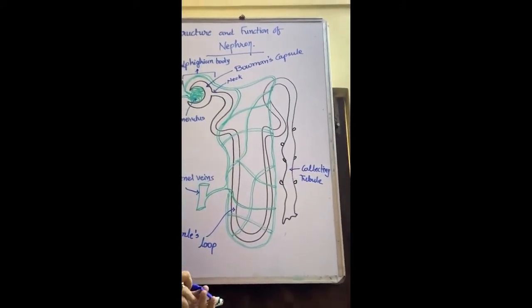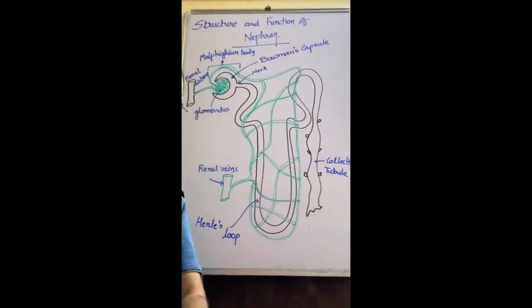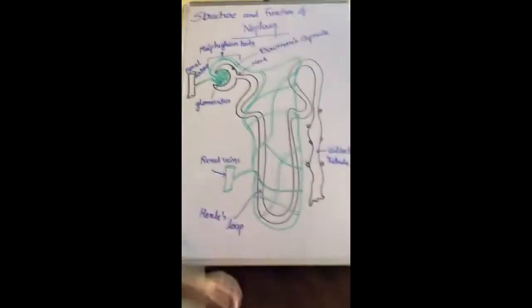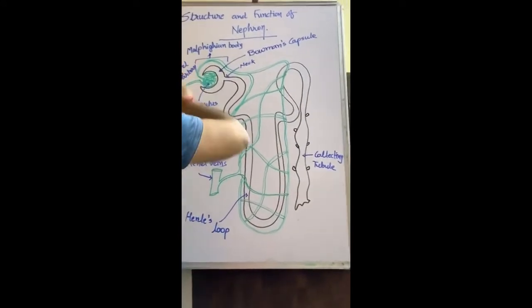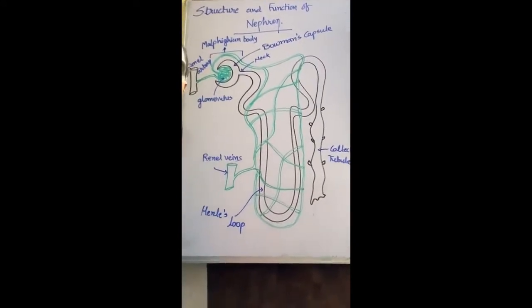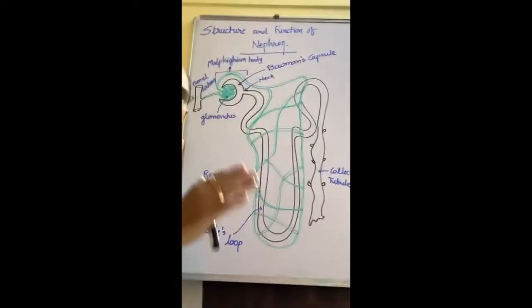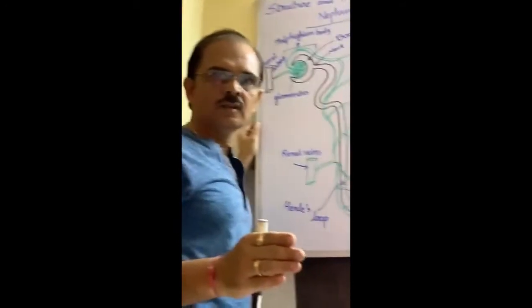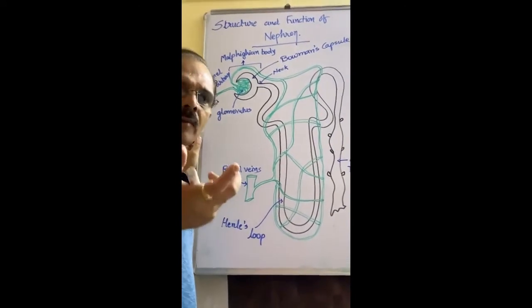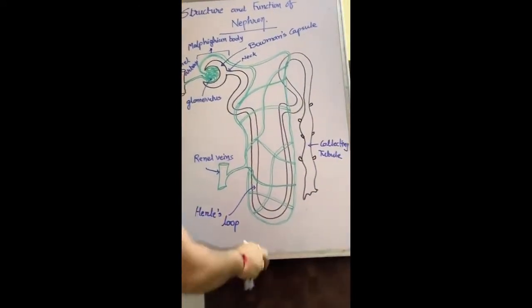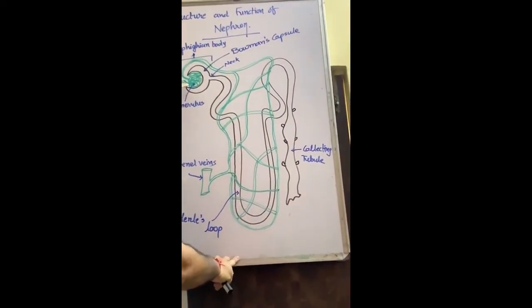Now see, from the renal artery, deoxygenated blood along with urea, uric acid, fatty acid, some glucose, some amino acids, means all this waste material enters into this glomerulus.